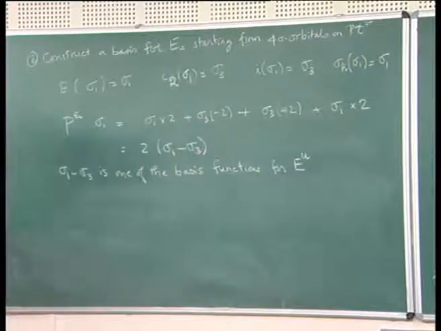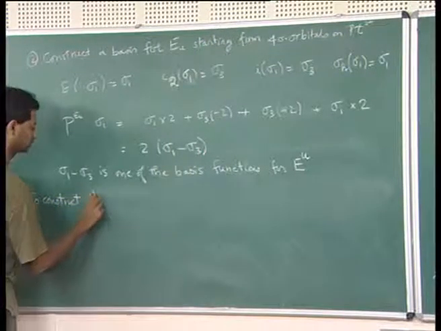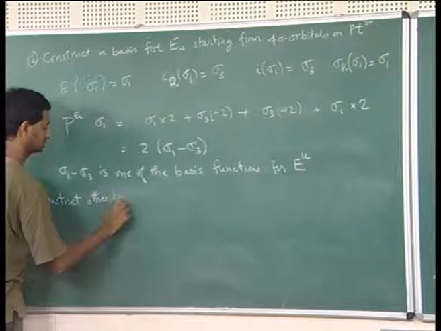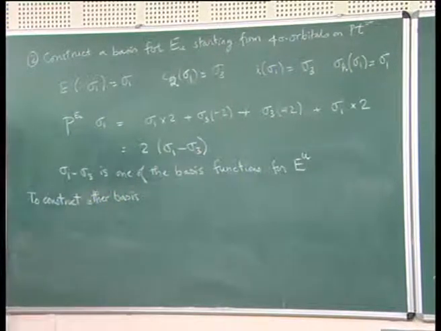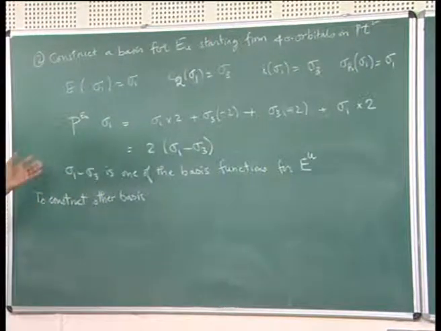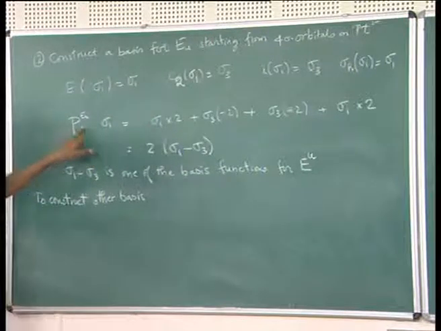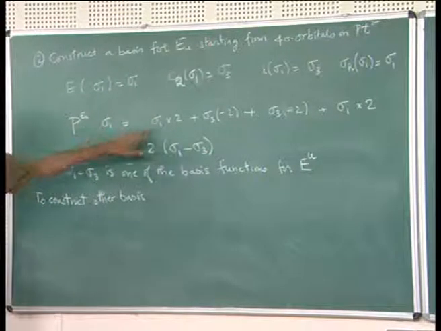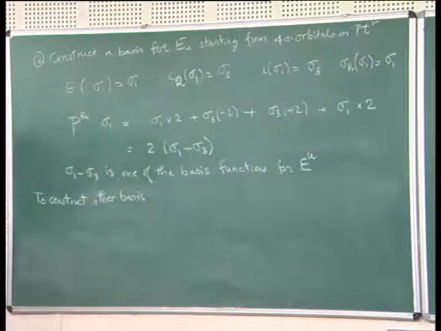Okay. Now to construct other bases, in principle, you will need the other matrix elements. We worked with the incomplete projection operator, so we used only the characters, but we will need the full matrix elements. But actually, we can do it in another way.